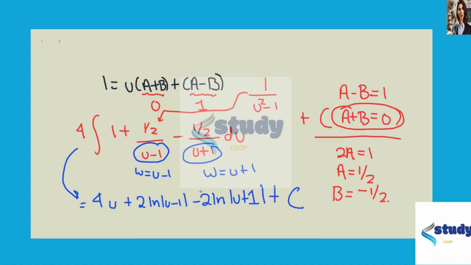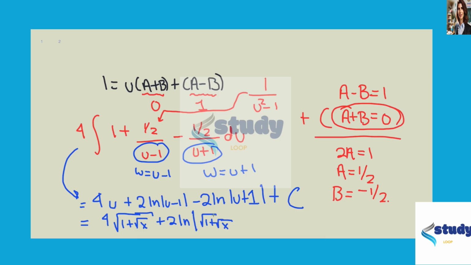And then finally, use the original definition of u, the substitution, to go ahead and replace u in terms of x. So 4, and then u by definition, 1 plus radical x inside the radical, and then 2 natural log. Then we have absolute value.